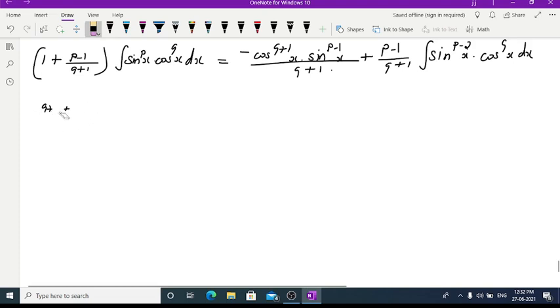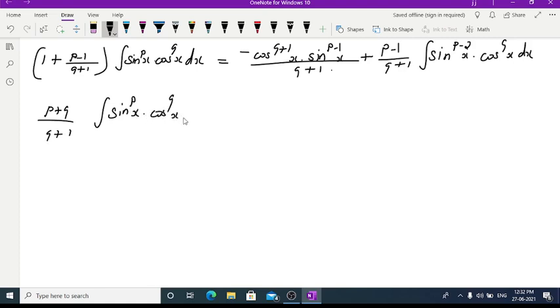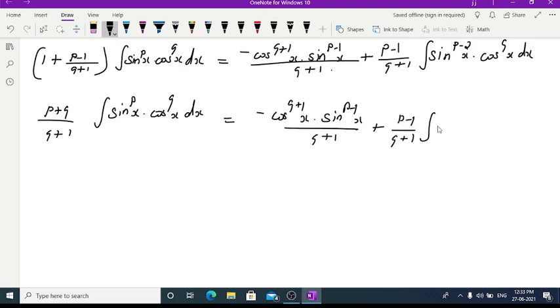So we have to write (p plus q) divided by (q plus 1) into integral sine raised to p x into cos raised to q x dx. That is equal to minus cos raised to q plus 1 x into sine raised to p minus 1 x divided by q plus 1, plus (p minus 1) divided by (q plus 1) into integral sine raised to p minus 2 x into cos raised to q x dx.